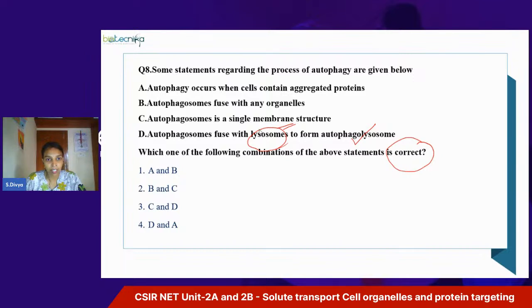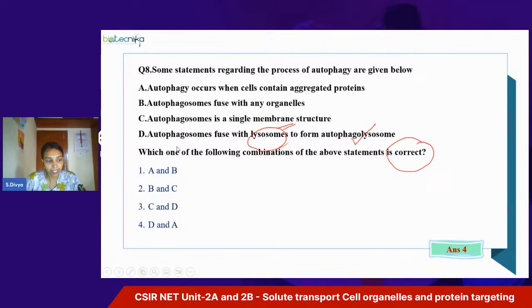Anyone else who would like to give input? Vigneshwari, yes. Read the sentences properly, then we will definitely get the answer. So far, I am very happy to see that all of you have given the correct answer. Yes, it is D and A.